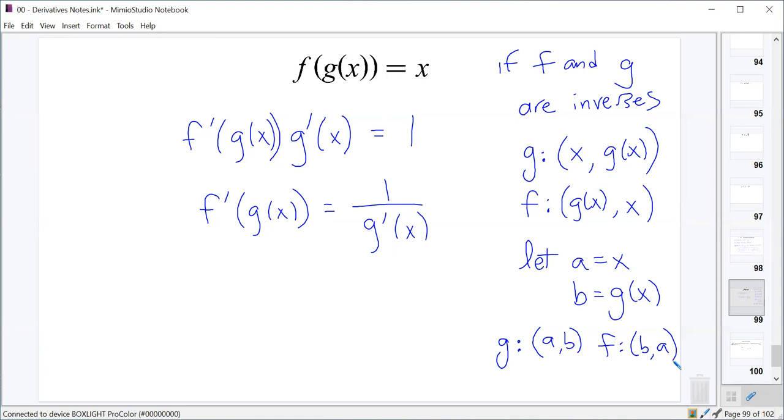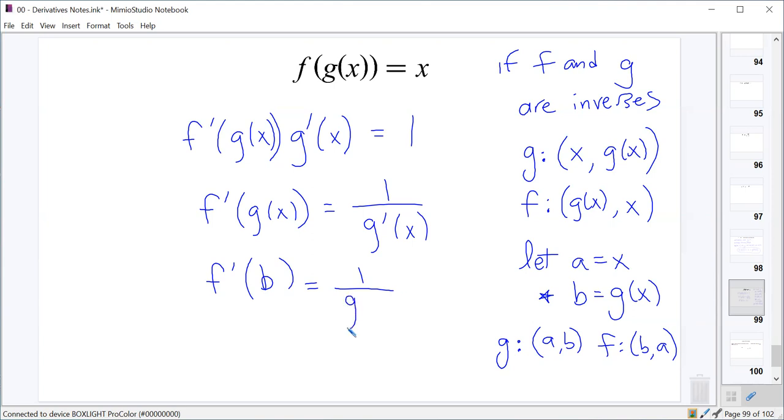I'll replace g of x in this formula with b, so I end up with f prime of g of x, or f prime of b, is equal to 1 over g prime of x.